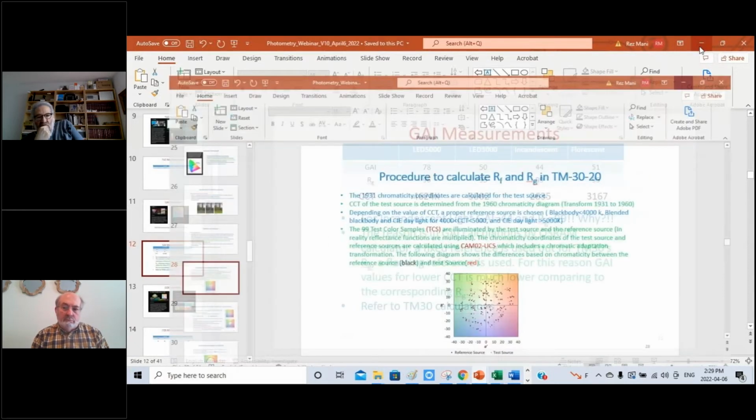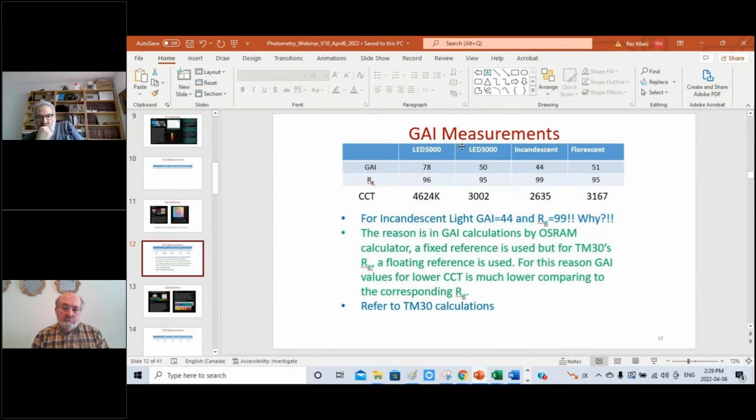But in case of GAI, they always use one source of a higher color temperature. So that will give wrong or inaccurate results when it's applied to lower black body color temperatures. 2635 is quite low.